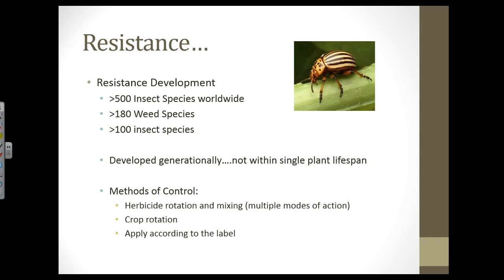With light applications, we're going to kill some of the population, much of it's going to remain, and we're still exposing them to that chemical over and over, so it does lead to resistance a bit faster.